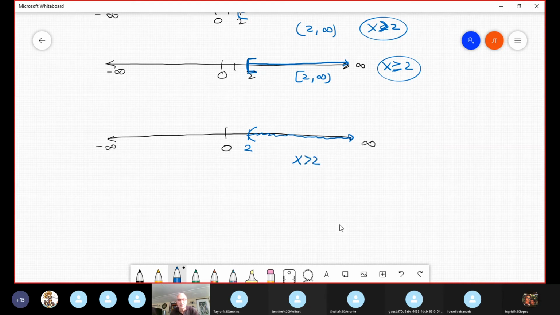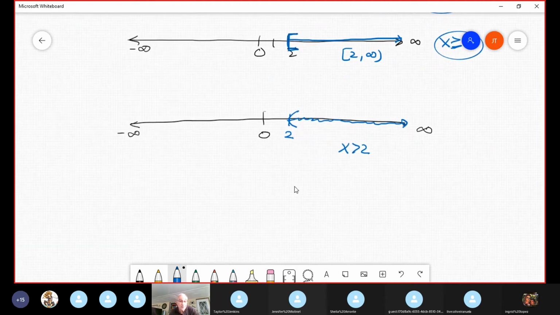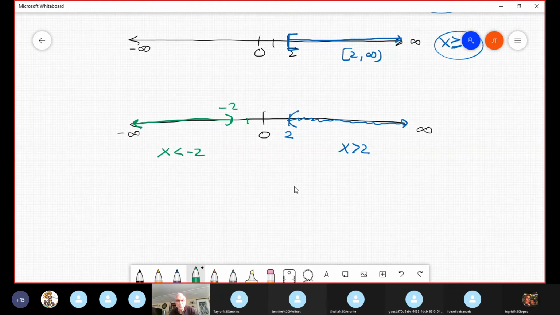And we have another interval that is at negative 2, maybe. Negative 1, negative 2. This is a complete example, negative 2, but in the opposite direction. Here. It's x less than negative 2. No equal, so parenthesis.